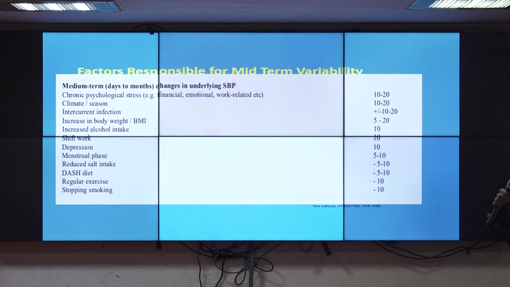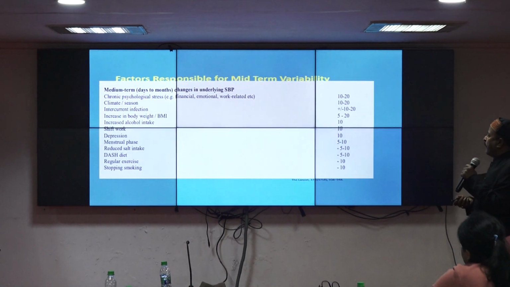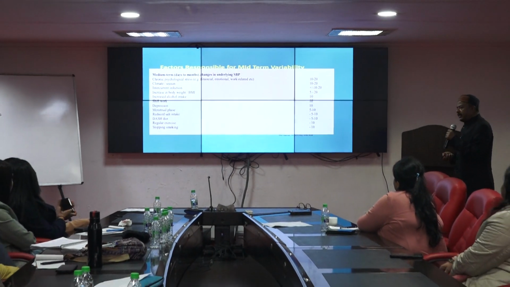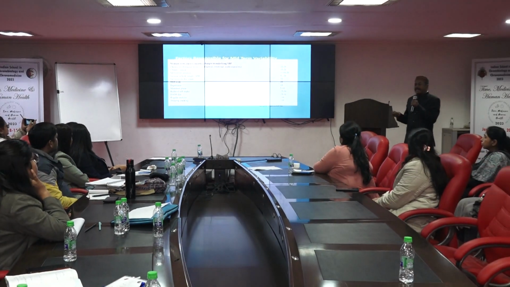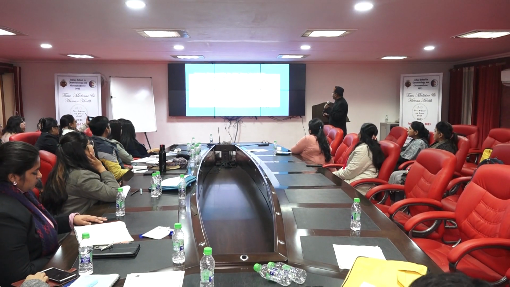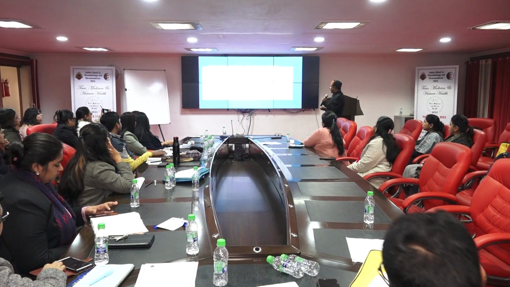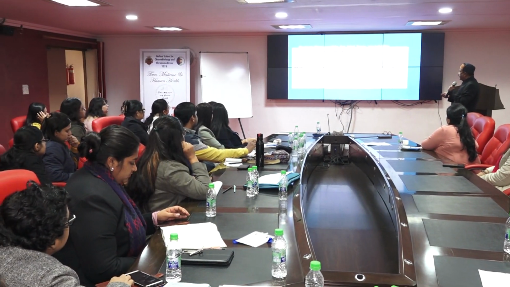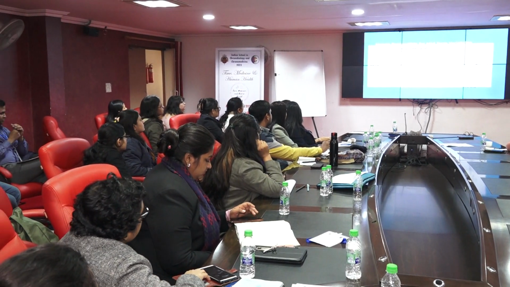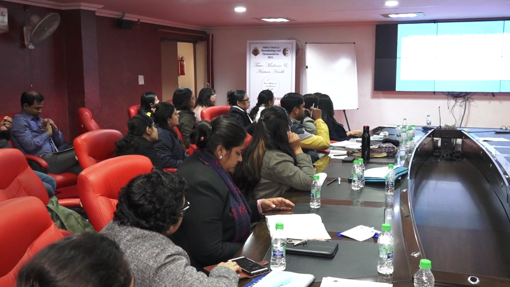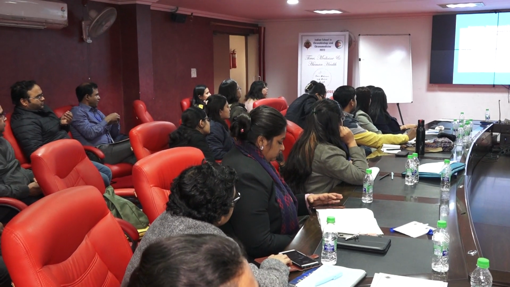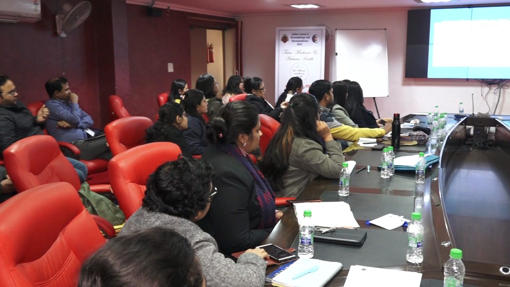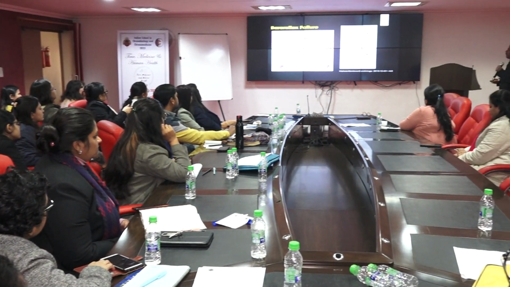So increased alcohol intake can change blood pressure to the tune of 10 millimeter mercury. Even shift work can increase blood pressure to the tune of 10 millimeter mercury. We are talking about systolic blood pressure. And the DASH diet can reduce salt intake and reduce blood pressure in the tune of 5 to 10 millimeter mercury. So these are the factors which are responsible for blood pressure variability in day-to-day measurement.